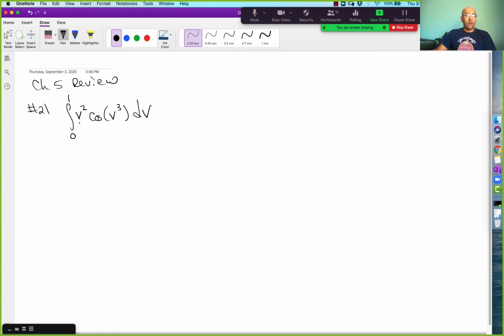By default, unless they tell you otherwise, it's assumed that the variable of integration matches, so v goes from 0 to 1. They often omit that, but if I had it my way, every single integral would have that in there, just to be certain that we have the same variable.